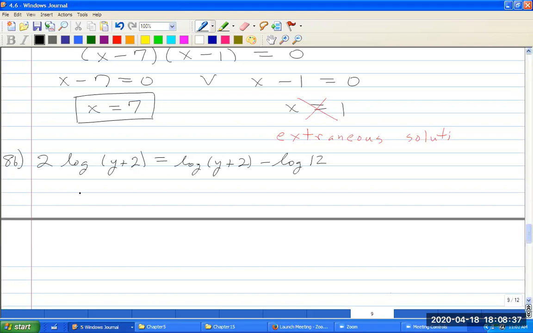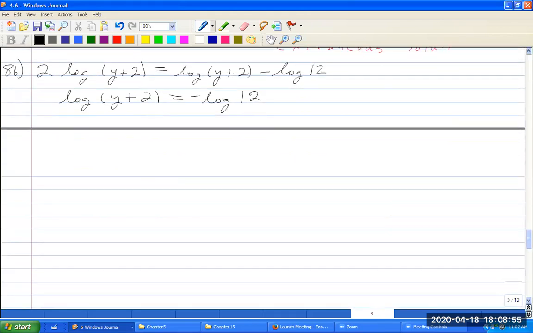So I just get log of (y plus 2) equals minus log of 12. So I have that log of (y plus 2) is equal to the log of 12 to the negative 1, bringing up the negative as an exponent.